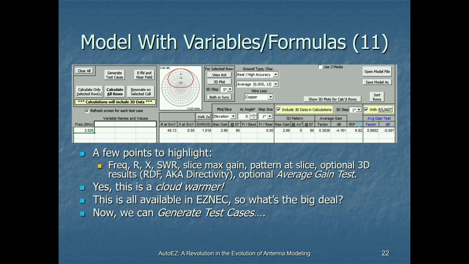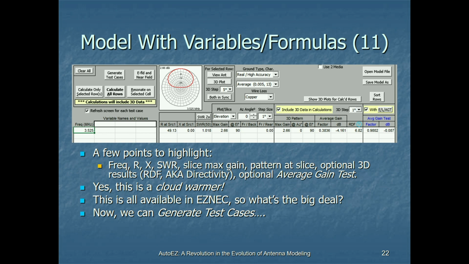That's done by doing this average gain test. It largely looks for gain either escaping or artificial gain showing up. So you want that to be very close to 0 dB or an average gain factor of 1. So this is pretty good. And if you notice, the elevation angle of maximum signal is 90 degrees, so yes, this is a cloud warmer.